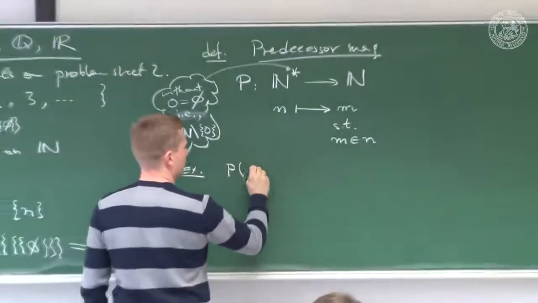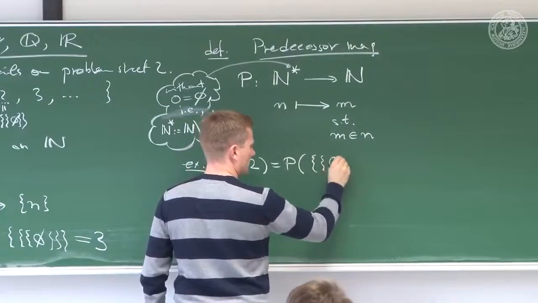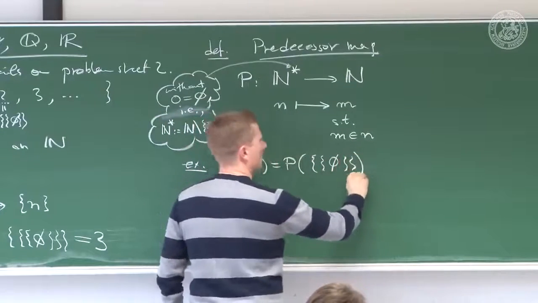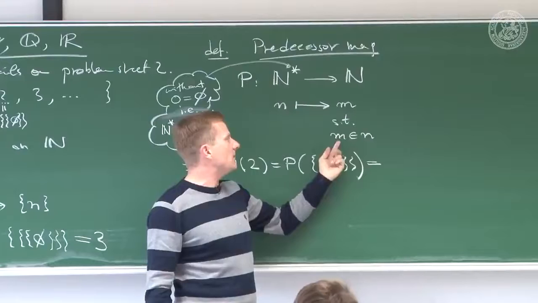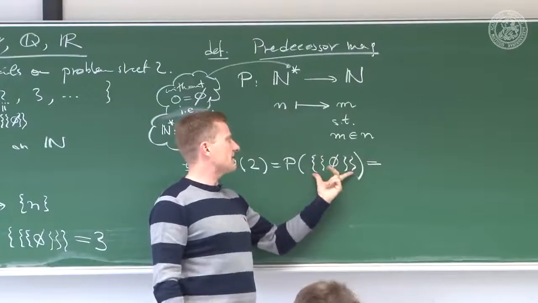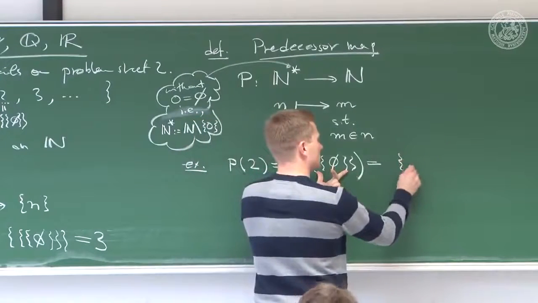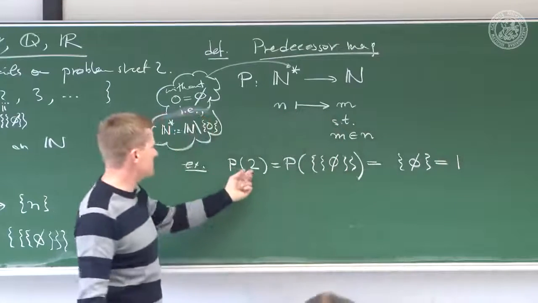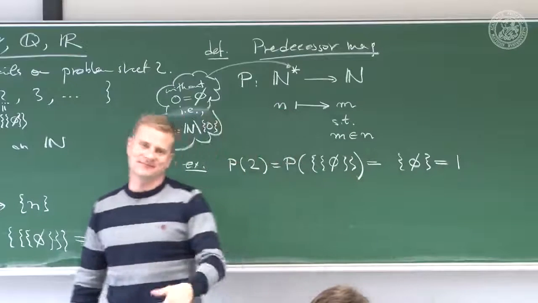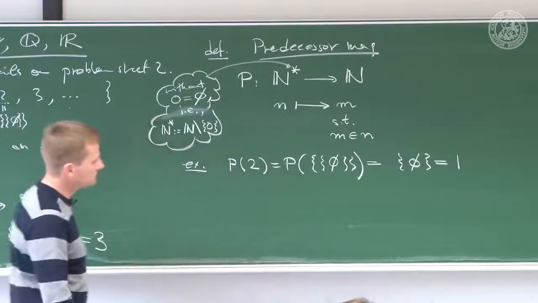The predecessor of 2 is the predecessor of bracket layer, empty set, bracket, equals. So this is n, and now I need to take some element m of n. Well, this set n only has one element, right? And that element is this guy, and this guy is, of course, the 1. The predecessor of 2 is 1. That's the trick to reduce a layer of set brackets.